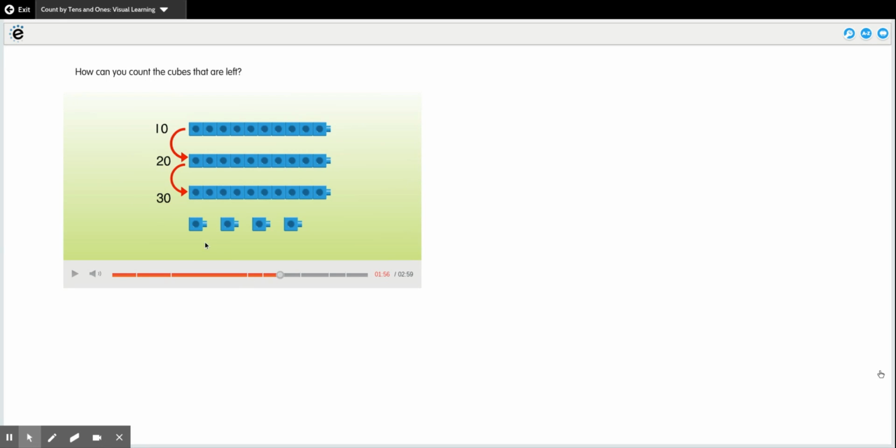We count the extras just by ones, 1, 2, 3, 4. It's like when we counted our calendar and we count our bundles of tens and how many left over. Count them by ones. 31, 32, 33, 34.